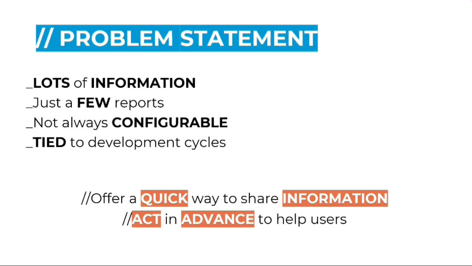If the user is away from his desk, for example, and needs to get some data from the computer, he can get it through the mobile application. During this first part, I will tell you how we created this solution and what we did to create a better user experience.